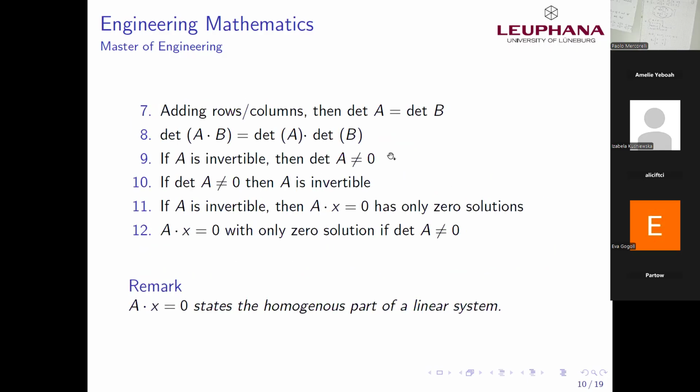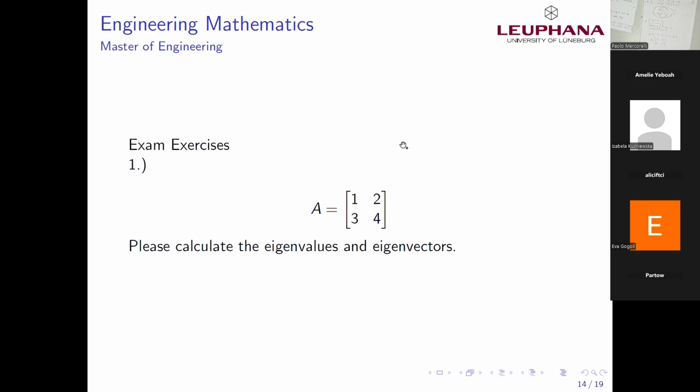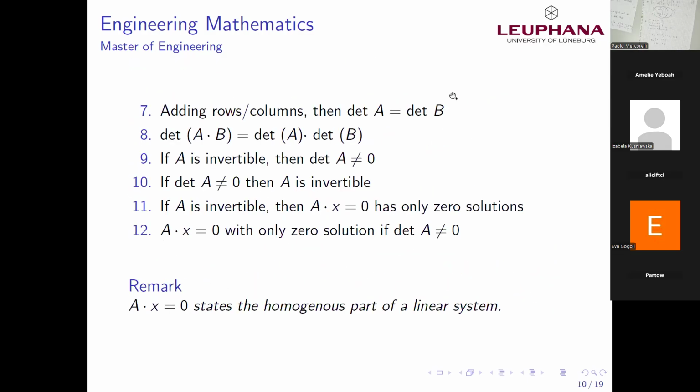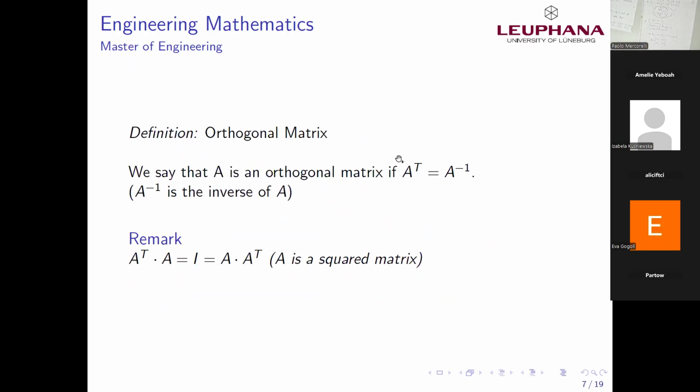And we have some important properties of this. Nevertheless, today I will tell you about eigenvalues, eigenvectors with an exam exercise. Okay, I think we can stop 10 minutes, maximum 50 minutes, and then we come back here, restarting with this definition. Let me stop recording.